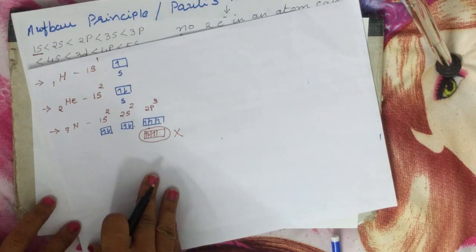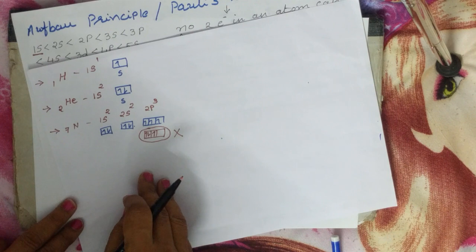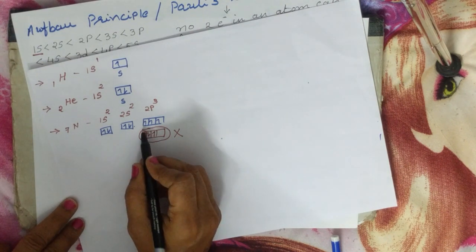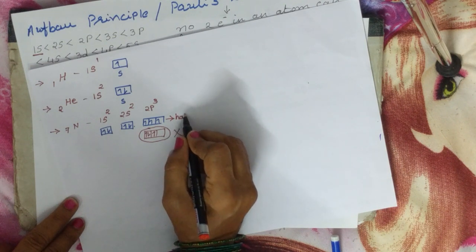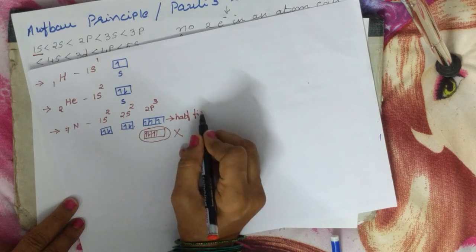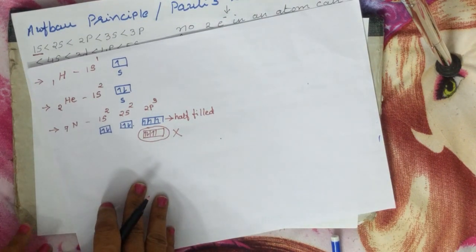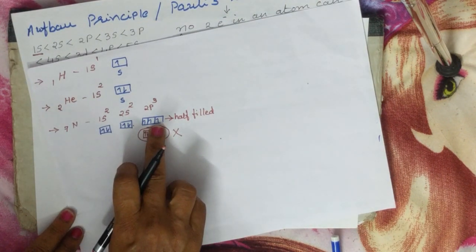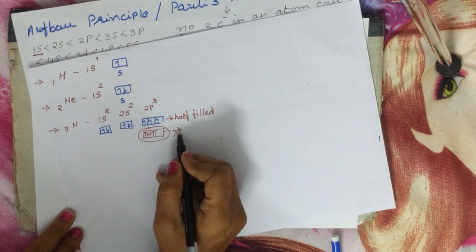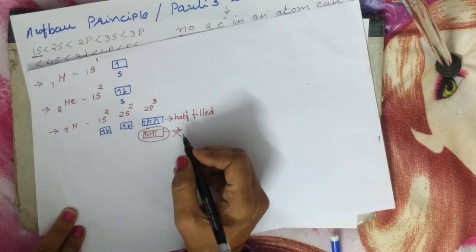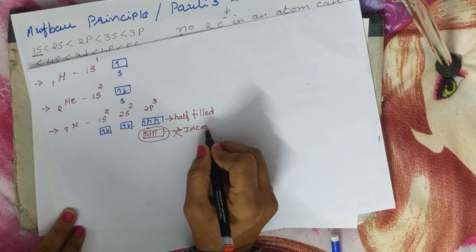Why is it wrong? Because of the stability of a half-filled orbital. This is known as half filled. The stability of a half-filled orbital is more than this incomplete filled one. This is incomplete.